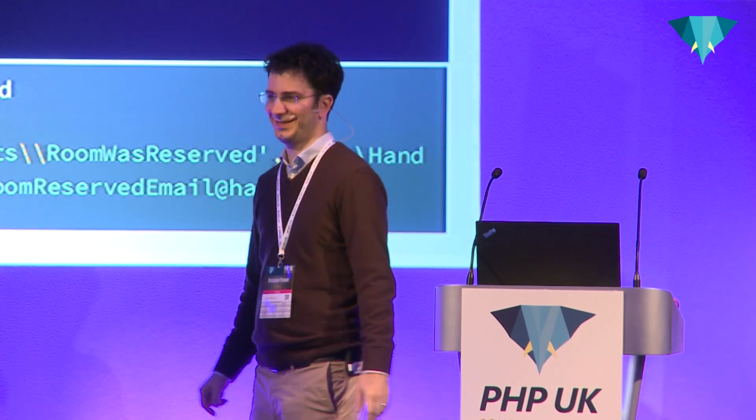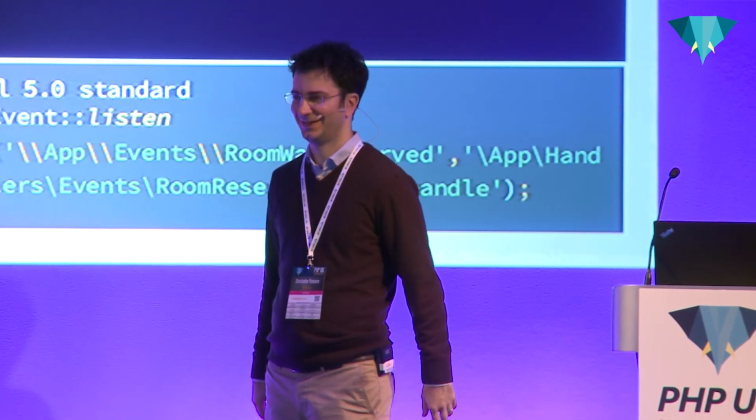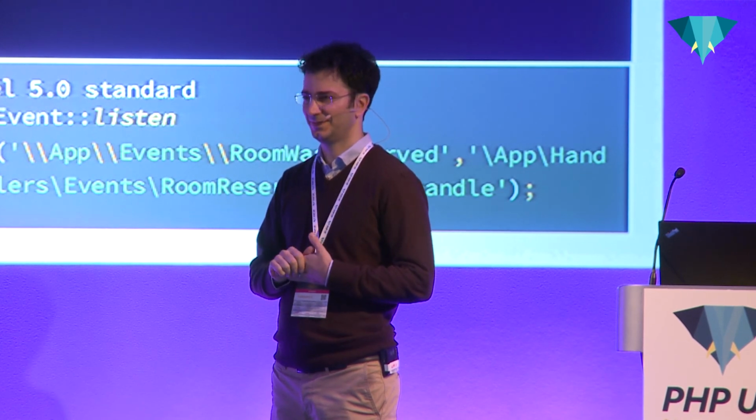Yeah, that line is what I'm asking about. Unless I'm missing something, I'm not sure where that method called event, with the object RoomWasReserved, comes from. Event is a helper method. Okay, all right, it's just a shortcut. I see. And that basically creates a new event, and then the event is sent to here. I think it's difficult to show so much code together so fast. We might have to see it several times.